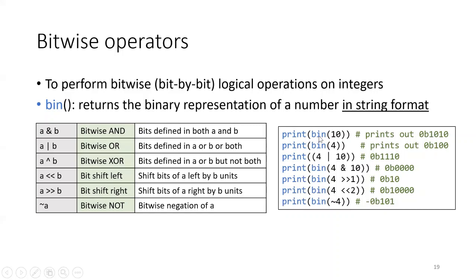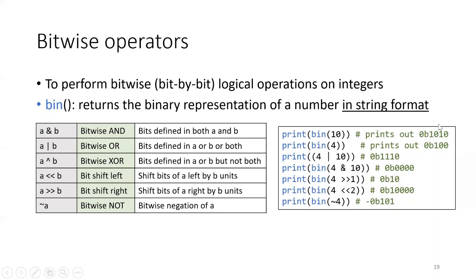So here we see we are printing the binary representation of integer value 10. It will essentially print 0B1010. This 0B is to say that it is the binary representation, and then comes the binary representation, and bits that were 0 and were to the left are removed.